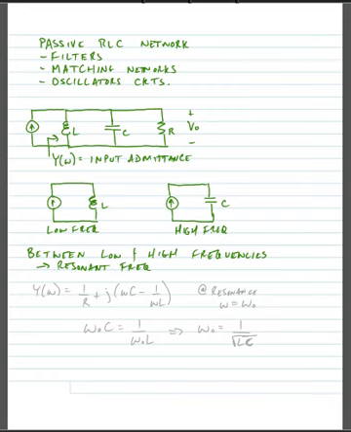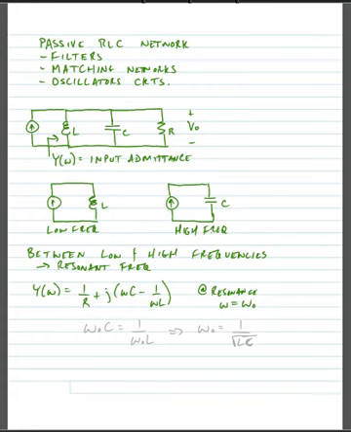If we calculate the admittance for this parallel RLC network, we would have Y of omega is equal to 1 over R plus j times omega C minus 1 over omega L. And at resonance, we say that our frequency omega is equal to the resonant frequency omega naught.